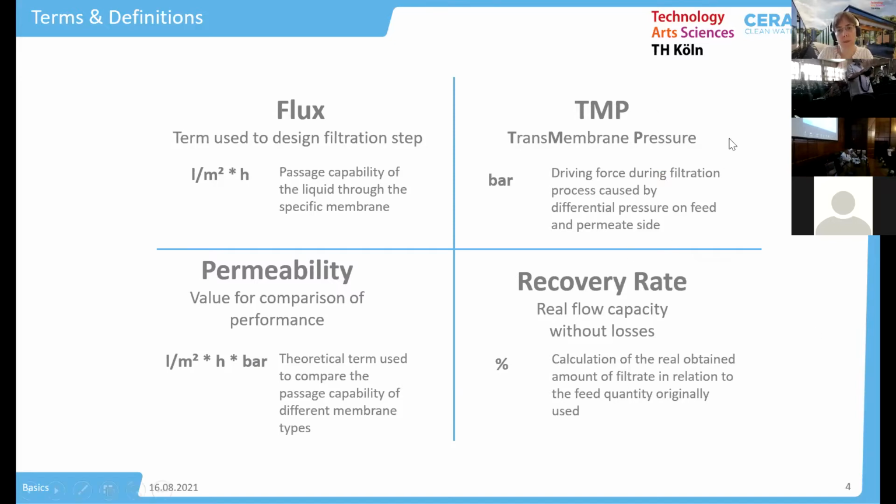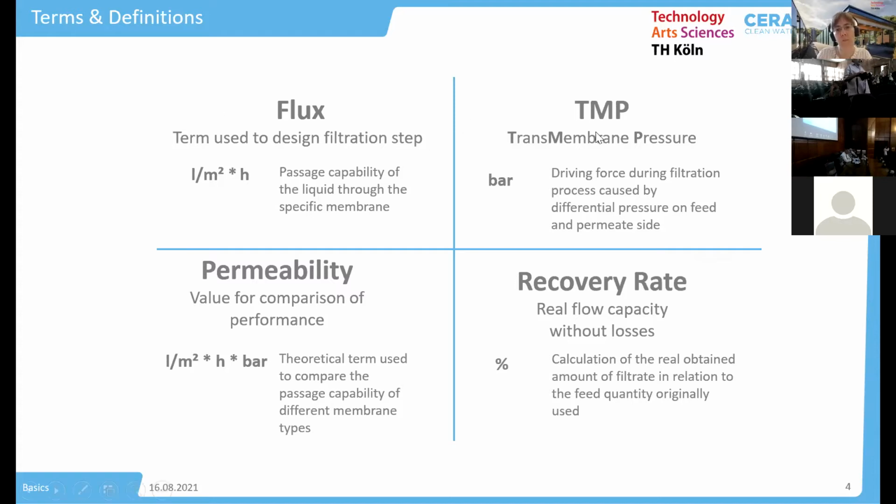What we are always talking about is the transmembrane pressure for all pressure-driven membrane processes. The transmembrane pressure is the driving force, the differential pressure between feed and permeate. On the other hand, we are always talking about the flux. The flux is a term used to design the filtration step. It shows the capability of the membrane to transfer the liquid through the membrane area.